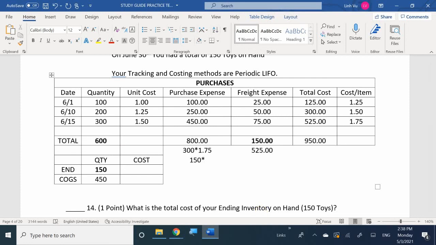At what cost per item is my second batch? $1.50, which should give you $225. So in grand total, if you sold a total of 450 items, at what total cost? $750. So therefore, what should be my ending inventory?